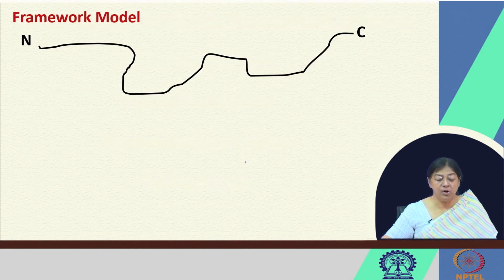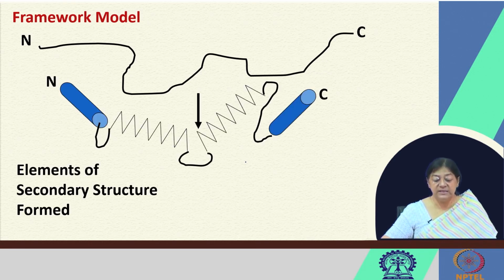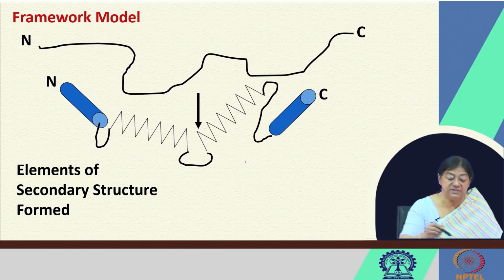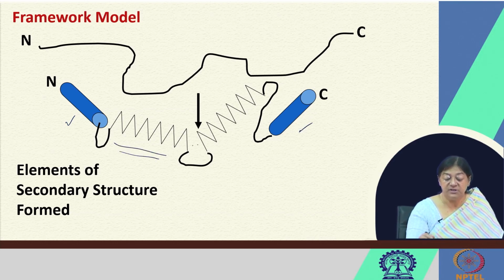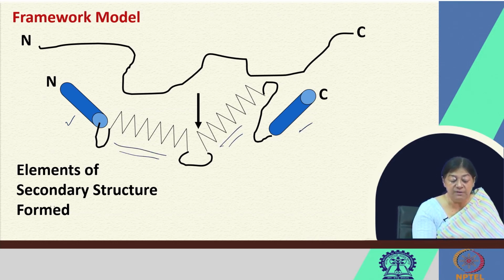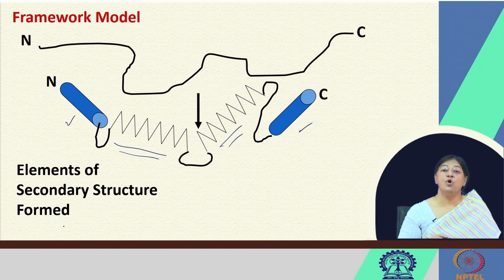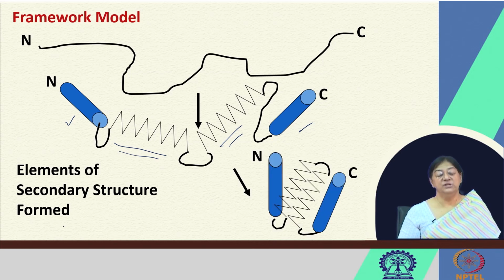In the framework model, we have this polypeptide chain. The framework model tells us that we would have the elements of secondary structure formed. So, what we see is a set of strands and a set of helices; these are helices and these are specific strands. These elements of secondary structure are formed first and then they form the folded structure.